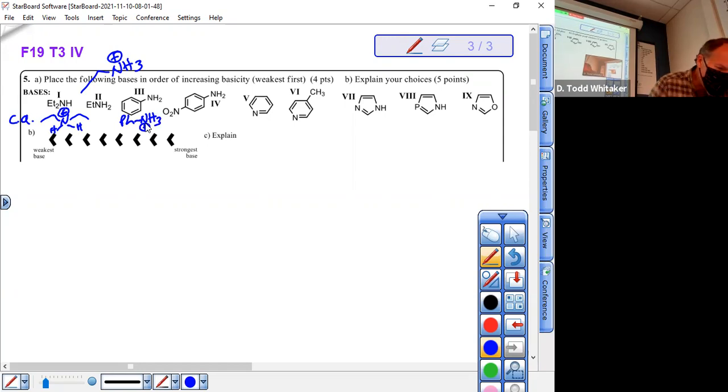And I'm not going to draw the next one. It's also an NH3 plus. It's got a nitro on it. That is an inductive effect. This one will be H and pyridinium. Both of these. And these will be H and imidazole.